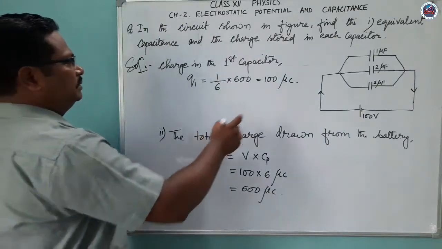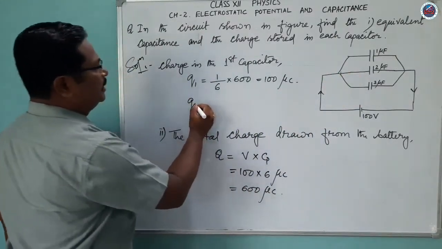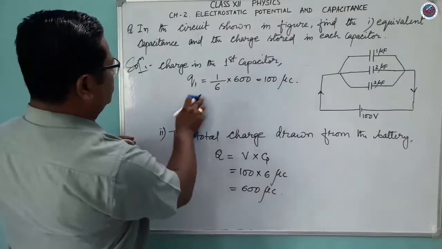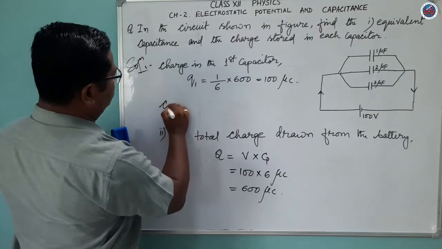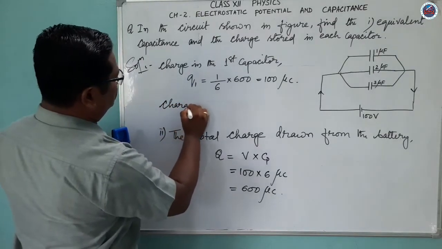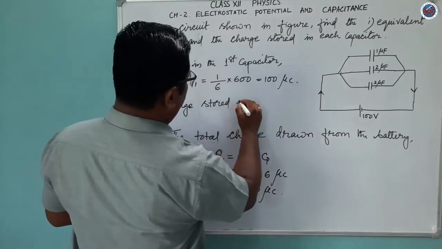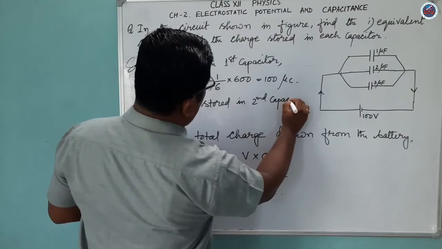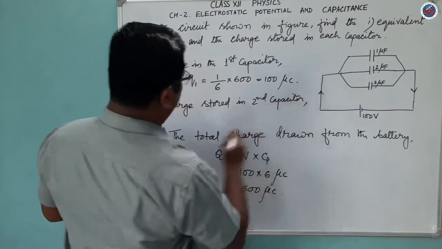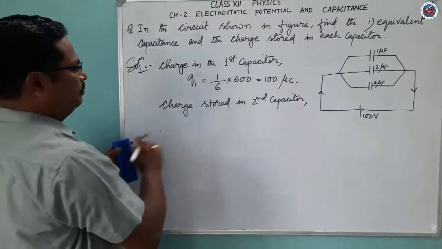Then the second capacitor, let us write it as Q2, charge stored in the second capacitor. Its capacity is 2 microfarad.